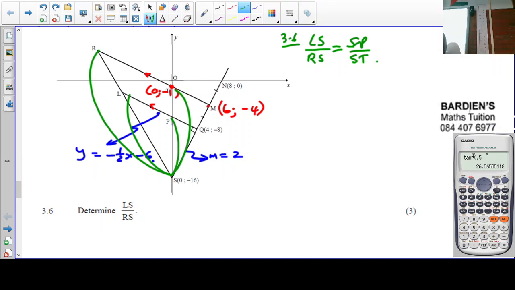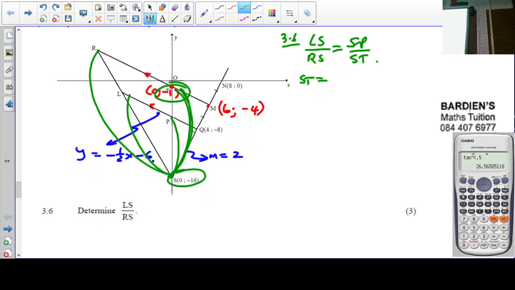So at this point, I'll just check again. We need to, in other words, know what SP is, or ST. We know what ST is. ST is going to be from S to T. Remember, this is negative 16 and negative 1.